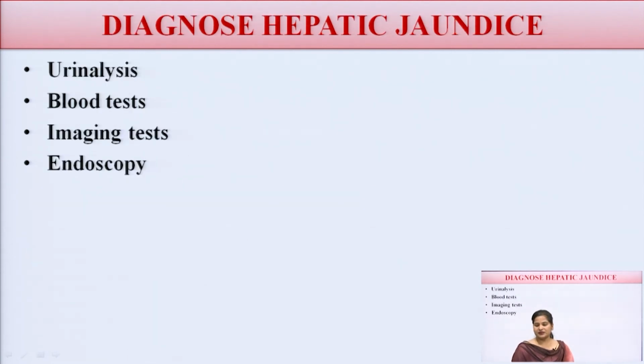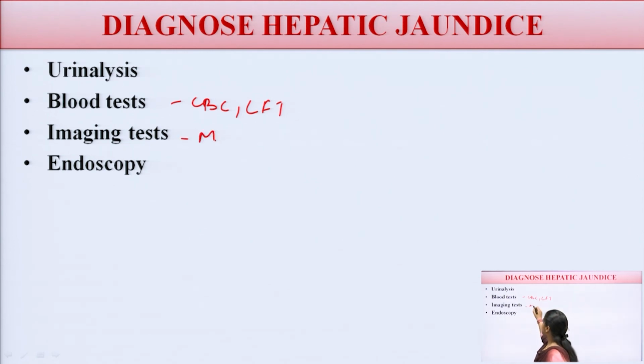Now, diagnosis. As I told you, the diagnosis is like urinalysis. The urine content is taken and sampling will be done. Blood tests, so CBC and LFT, will be done for checking the condition of the liver, along with the complete blood count.